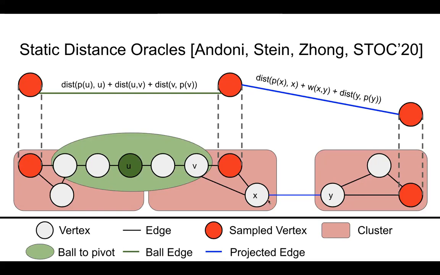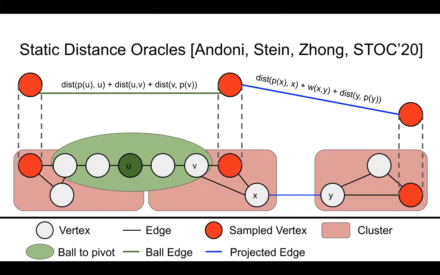You can see that this blue edge would not be generated as a ball edge, because x's ball is just the ball that contains x, since y is as far as its pivot, and the same is true for y. So there would not be a connection between the pivot of x and the pivot of y if it weren't for this projected edge. Both of these are really important.